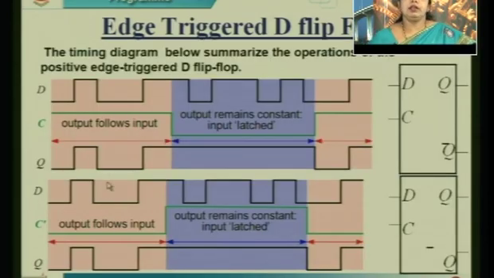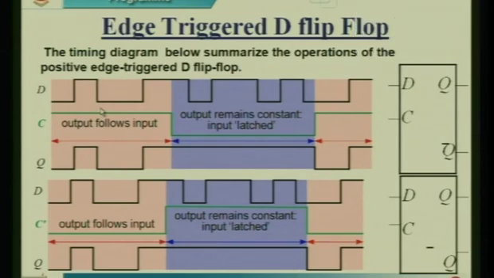You can just see over here the timing diagram summarizes the operation of this positive edge triggered D flip flop. So this is the block diagram of the D flip flop. You can see there is only one input D, two outputs, and we have a clock here. With respect to D, it can be a 1 or a 0, any transition.